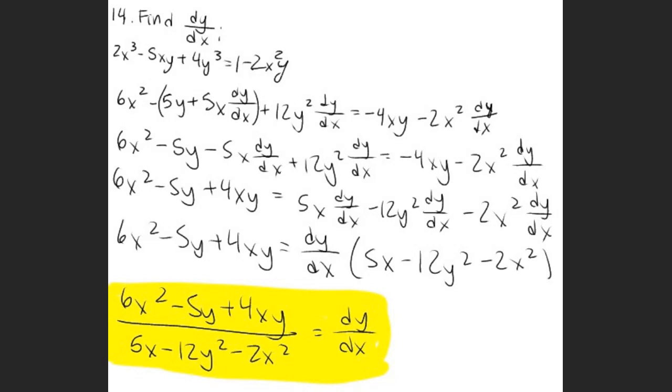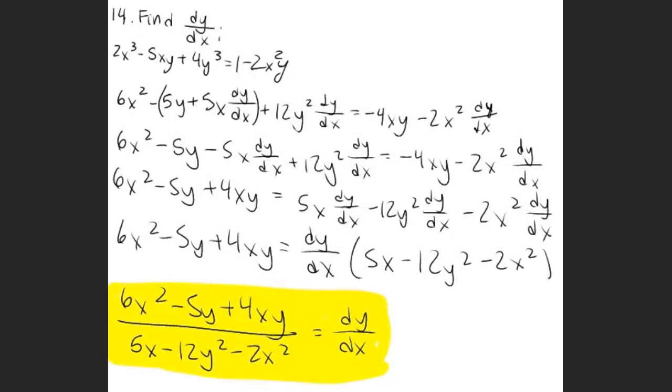Factored out dy over dx and then divided the left side of the equation by 5x minus 12y squared minus 2x squared. And that gets you 6x squared minus 5y plus 4xy over 5x minus 12y squared minus 2x squared equals dy over dx.